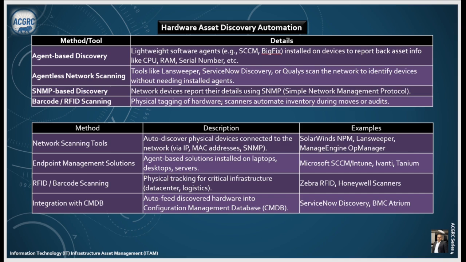Methods: the network scanning tool auto-discovers physical devices connected to the network. Examples: SolarWinds, Lansweeper, ManageEngine OpManager. Endpoint management solution is an agent-based solution installed on laptops, desktops, and servers. Examples are Tanium, Ivanti, Intune, etc. RFID is the physical tracking of critical infrastructure, especially used in logistics and data centers.